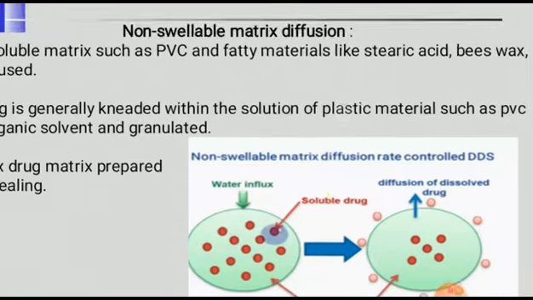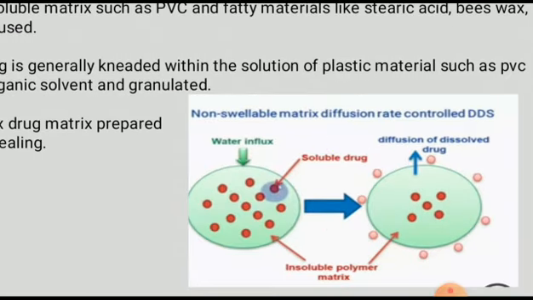Here you can observe the insoluble polymeric matrix, inside which the complete drug particle is embedded. When it comes into contact with the dissolution fluid, the drug particles start to diffuse from inside to outside.